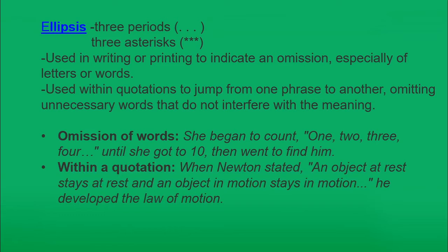Within a quotation, when Newton stated, an object at rest stays at rest and an object in motion stays in motion. And here you can see ellipses. Here ellipsis is used within a quotation. He developed the law of motion.